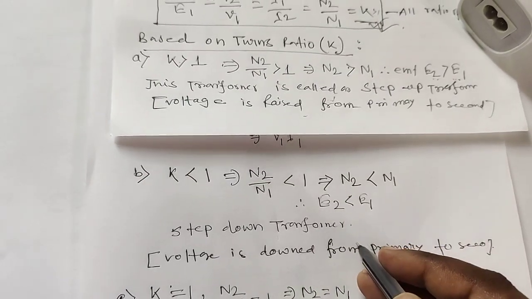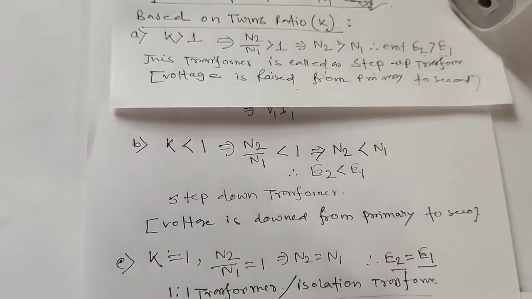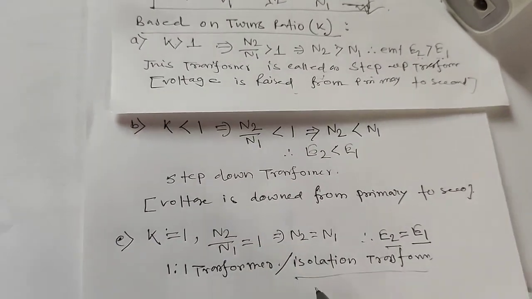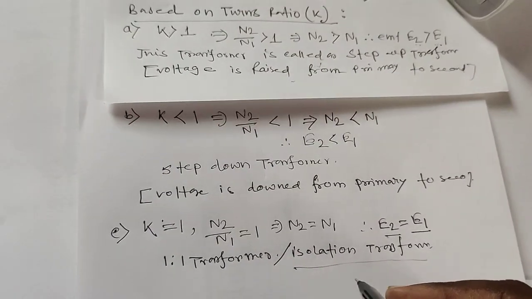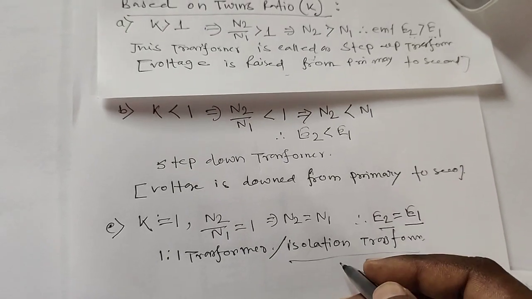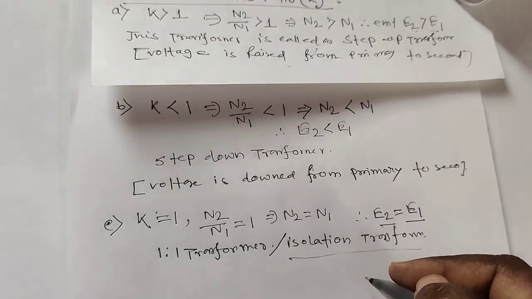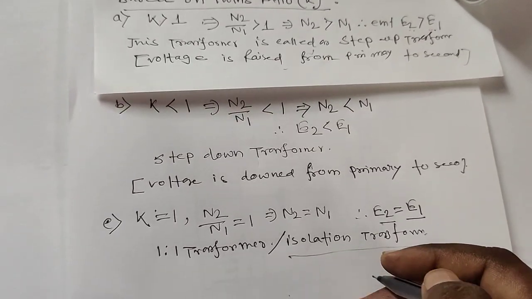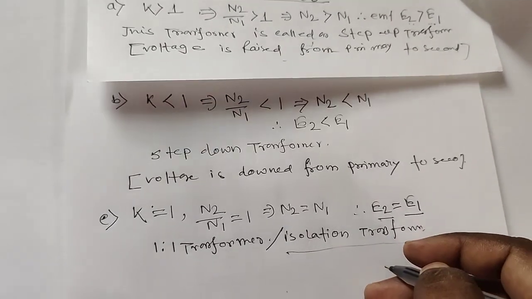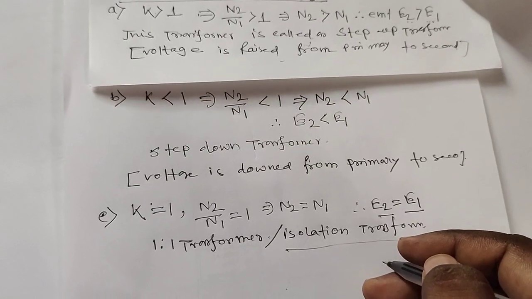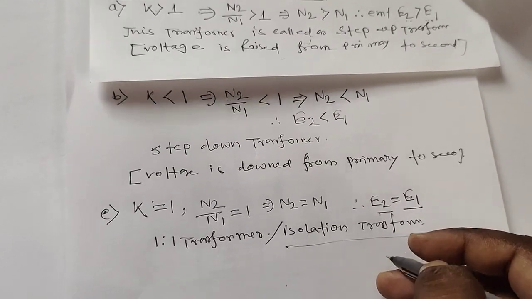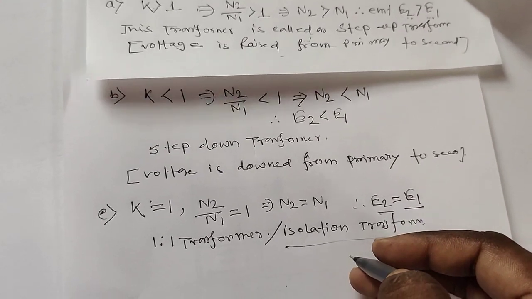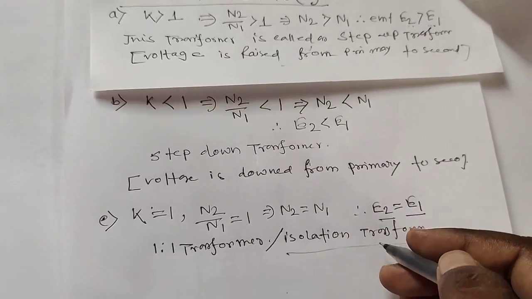The third type is the isolation transformer. These transformers are mainly used for protection, where the input and output power are the same rating, for system protection purposes.